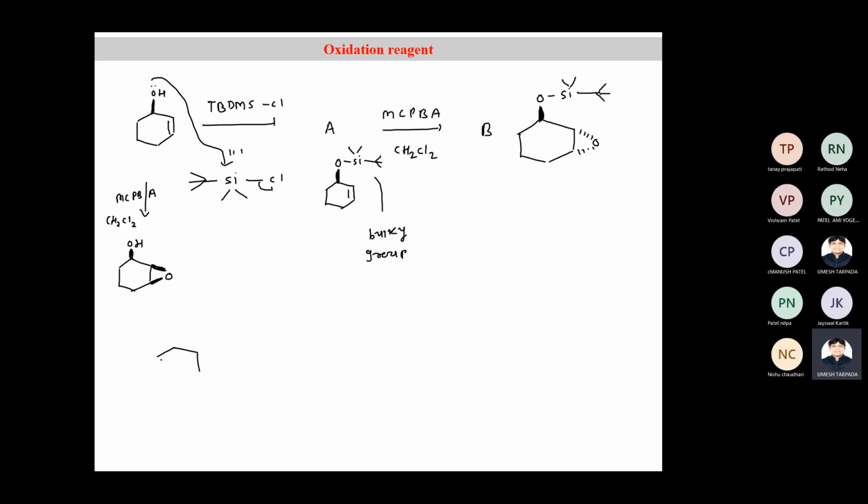Suppose this type of compound is given. This is a cyclic ketone having no double bond. Carbon-carbon double bond is not there. So in the presence of metachloroperbenzoic acid, it undergoes Baeyer-Villiger oxidation.